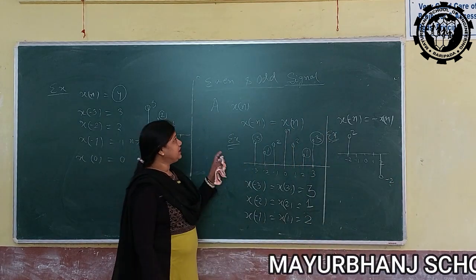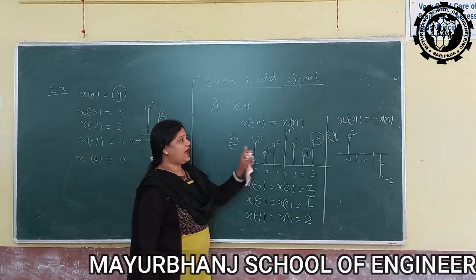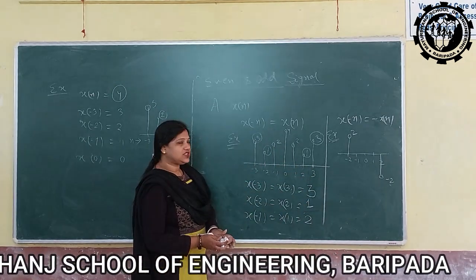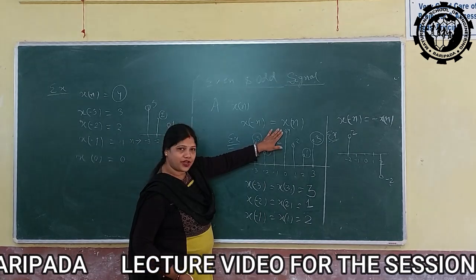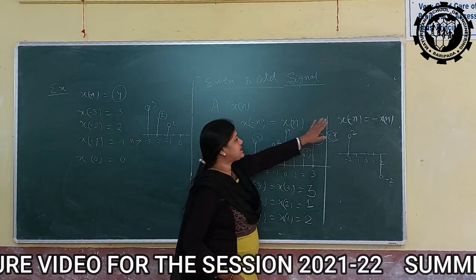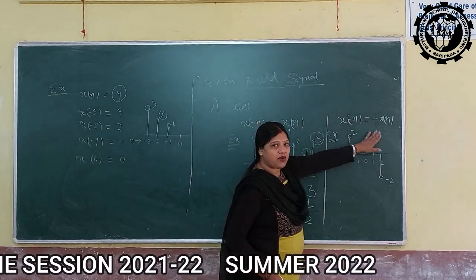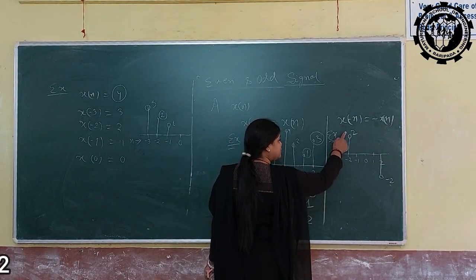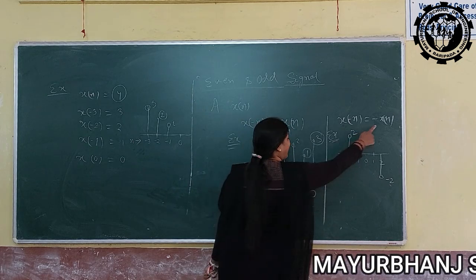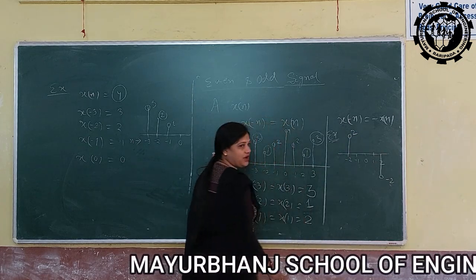That is the difference between an even signal and an odd signal. In an even signal, x of -n is equal to x of n. In an odd signal, x of -n is equal to -x of n. That means if at -2 its value is 2, then at 2 its value is -2.